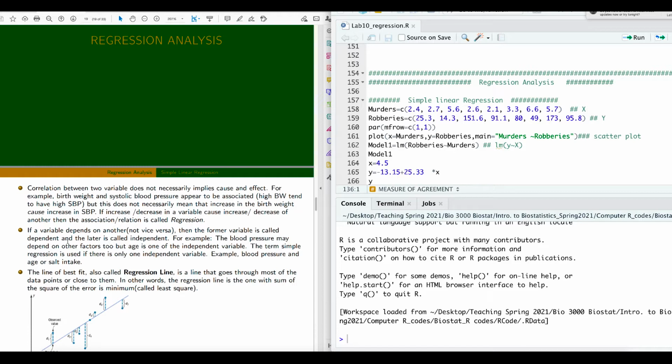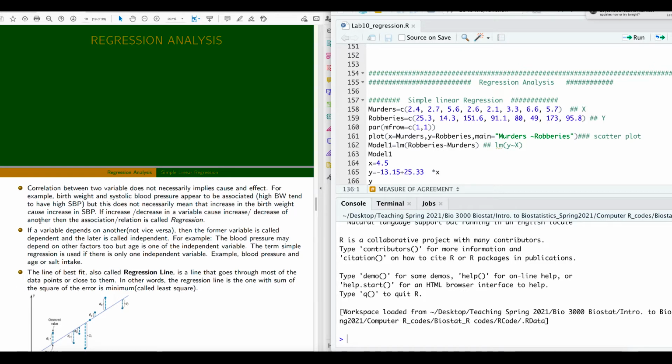If there is a bigger height, then the weight will be bigger and bigger. So weight depends on height, but height does not depend on weight. Whatever weight you have, the height does not depend on that.